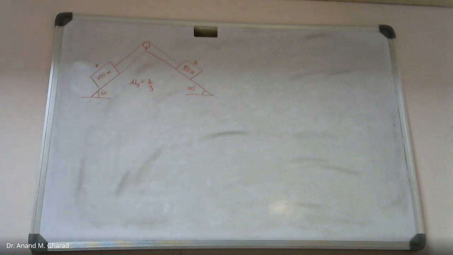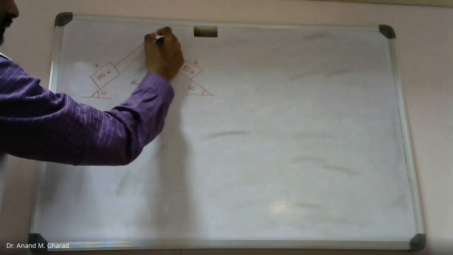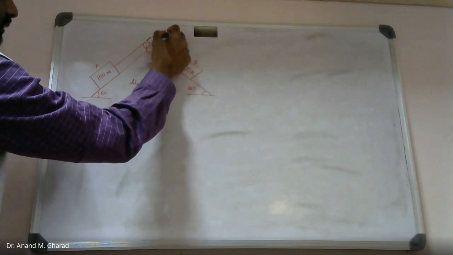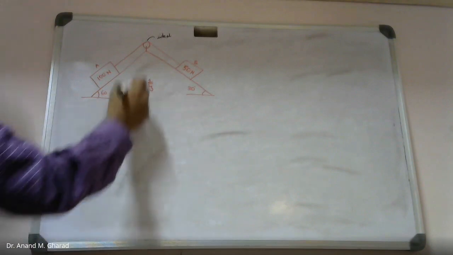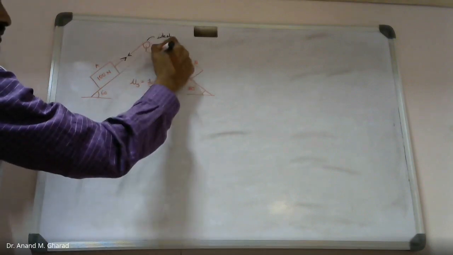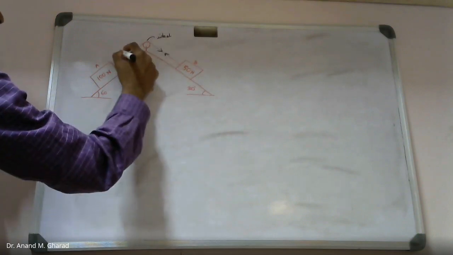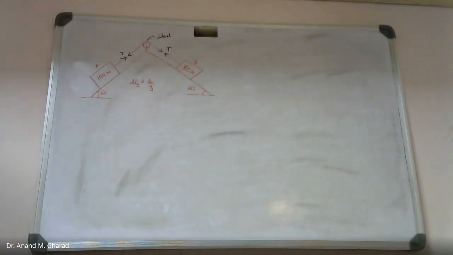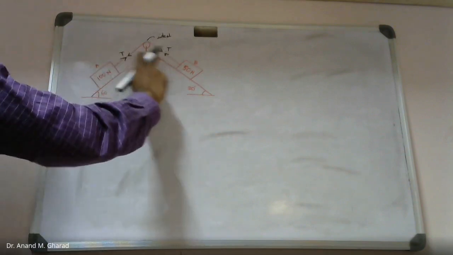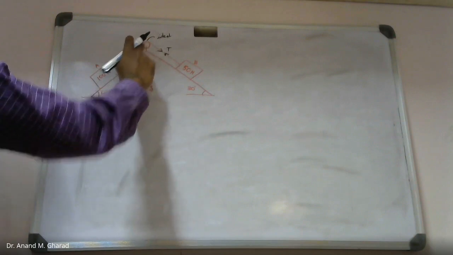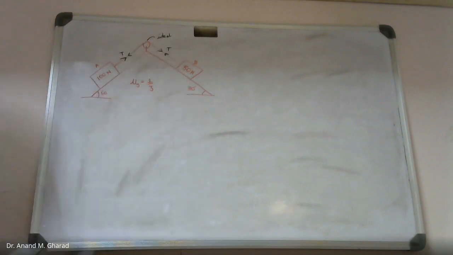So one thing is very clear, since the pulley is frictionless, ideal, because of which the tension value throughout this string will be common, it will be the same. Yes, isn't it? So this we have identified in the initial stage itself, that because the pulley is frictionless, the tension will be constant throughout.